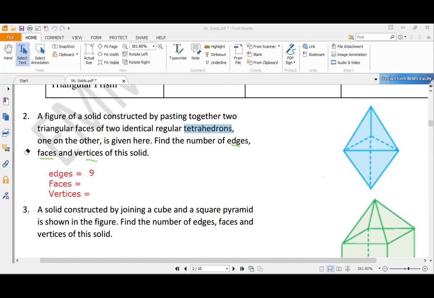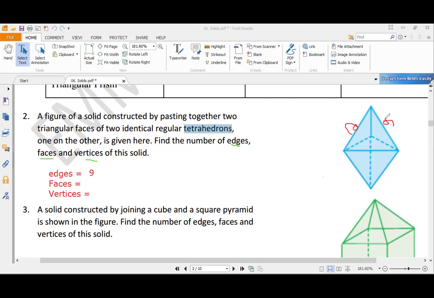I will use my pencil. In the topmost regular tetrahedron, I have three faces. The front face is here, and the other face around here, and the other face around this.